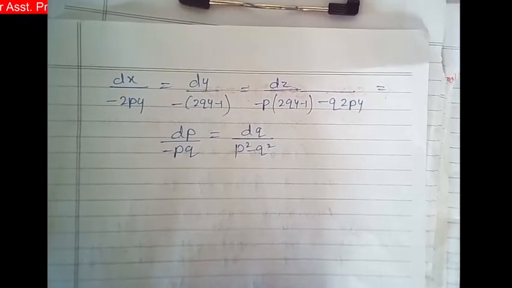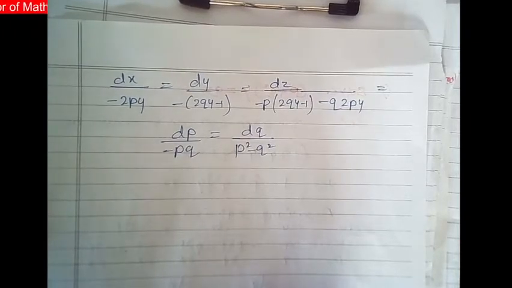So this is dq divided by dou f by dou y plus q into dou f by dou z.